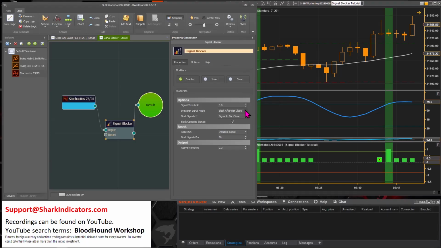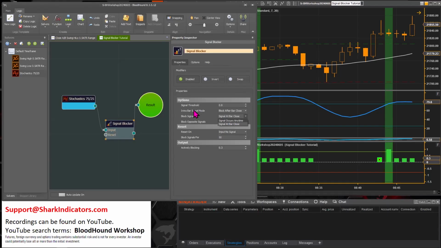So maybe, as price is bouncing up and down here, you want all of those intrabar signals to show up, and then you only want the signals to be blocked after the bar closes. Now, after bar closes opens up other possibilities here.